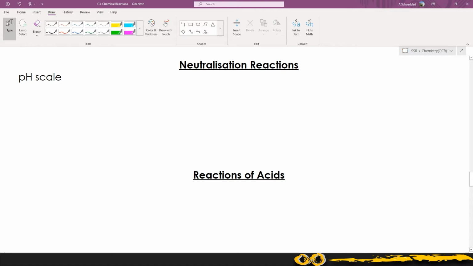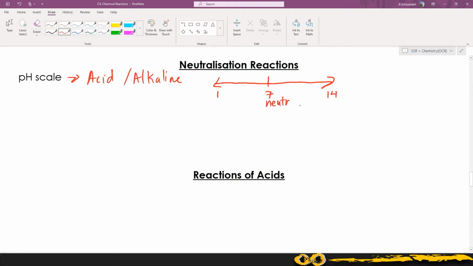And we should remember that this was a scale that indicated whether or not something was acidic or alkaline. And it did so generally on a scale from 1 to 14, where 7 was considered to be neutral, anything less than 7 was acidic, and anything higher than 7 was alkaline.